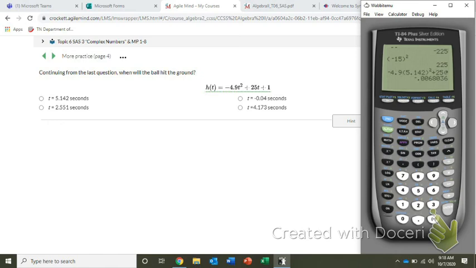All right, when I plug in 5.142 seconds, do I get 0? Right here, is this 0?